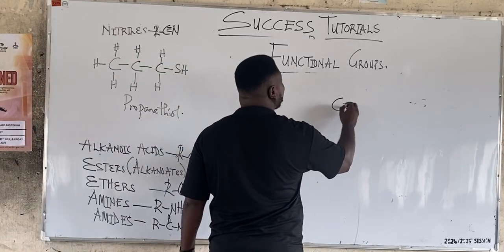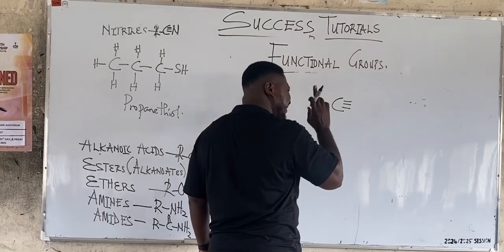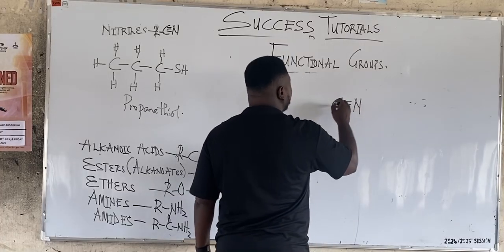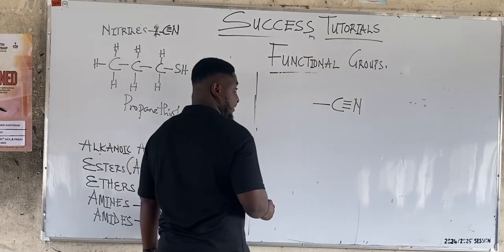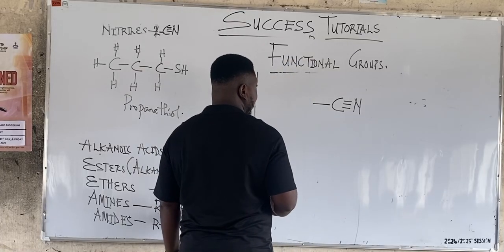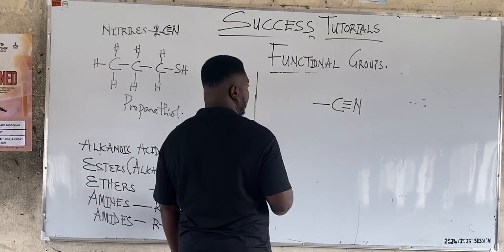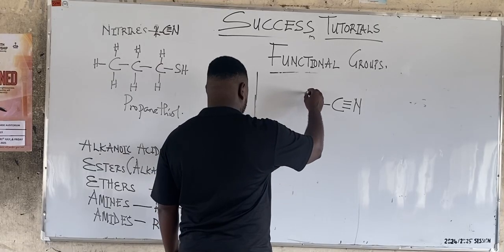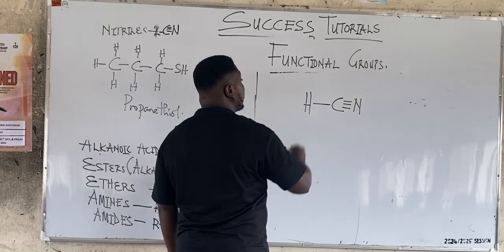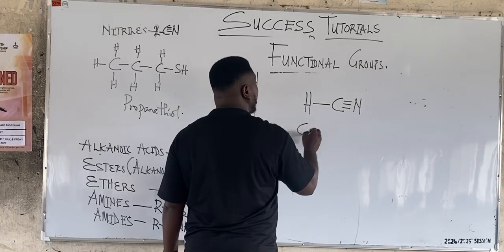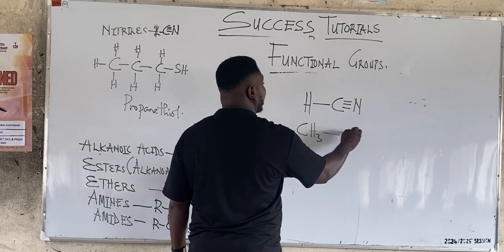What will you see that makes you say this is a nitrile? You see carbon with a triple bond, specifically, and then nitrogen. This is a nitrile. It could be filled with hydrogen here, or with another alkyl group.